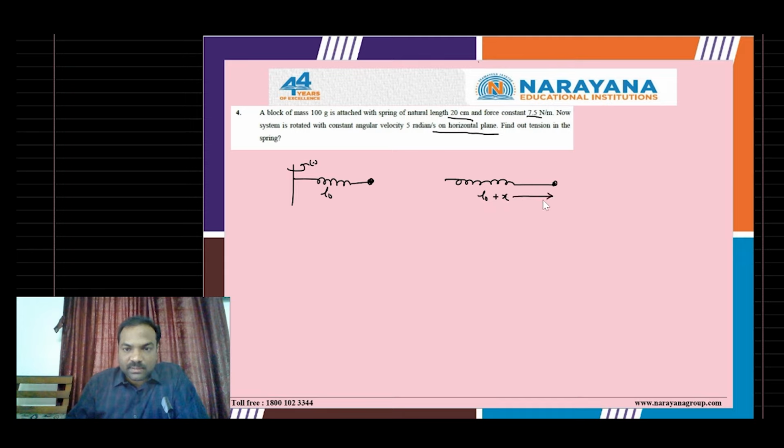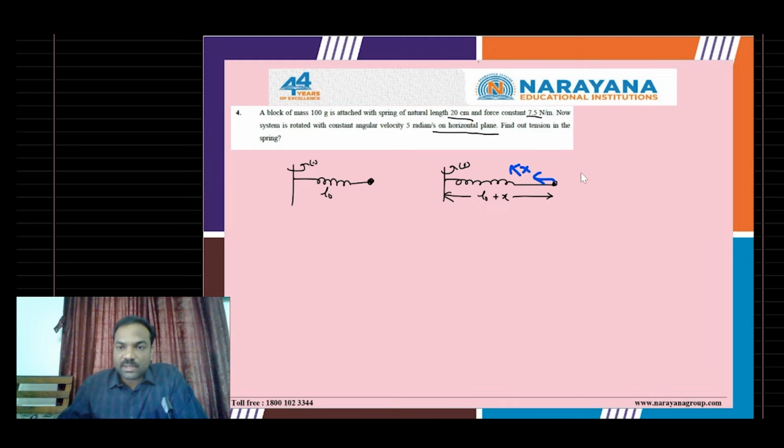There will be some extension. Now it will rotate with angular velocity omega. As the spring extends, it will apply force on the particle, which is obviously inward. So inward, what is the force acting? kx, which will provide the necessary centripetal force.